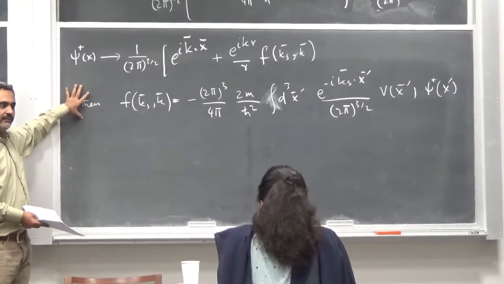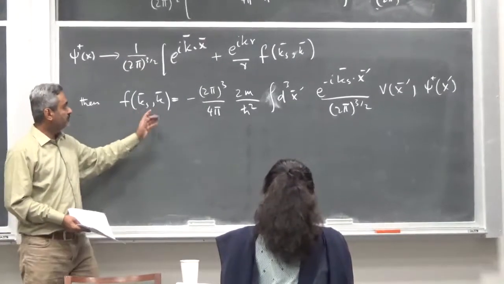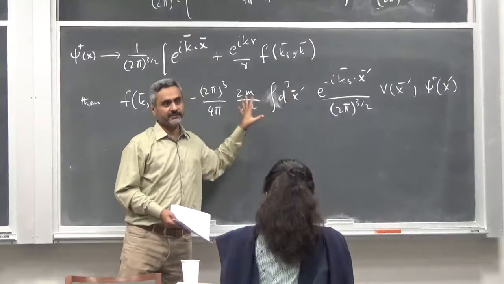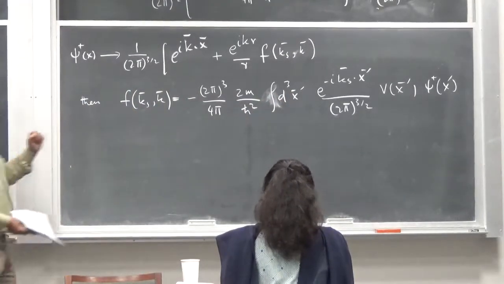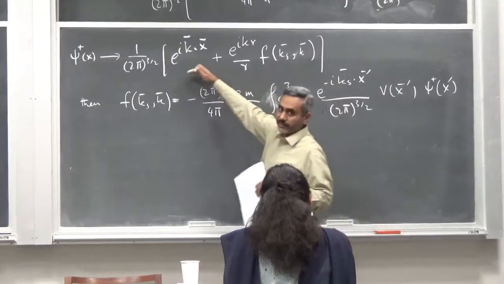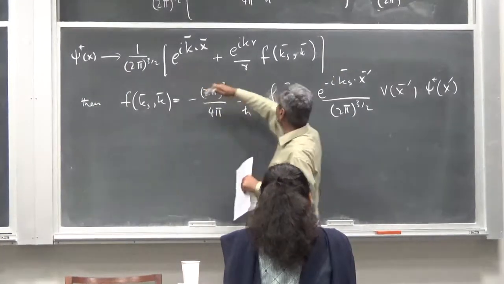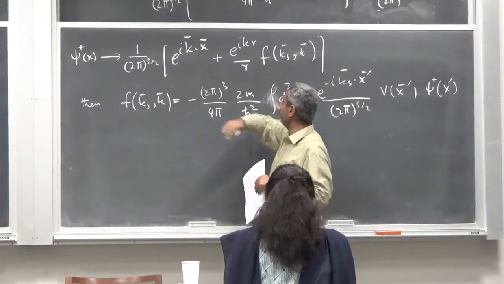The rest of scattering will just be how to sort of approximate this thing. By the way, you can see from here, what can you see? This is the plane wave, which is the incident wave, because if V were 0, this would be 0, and that would be all there is.